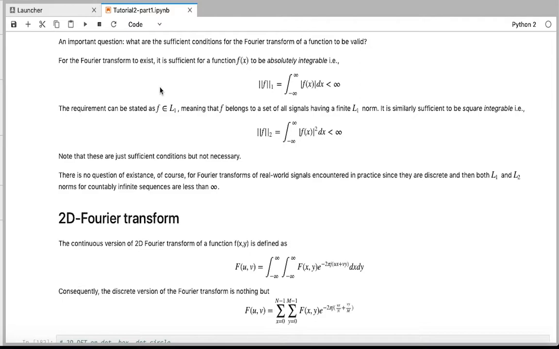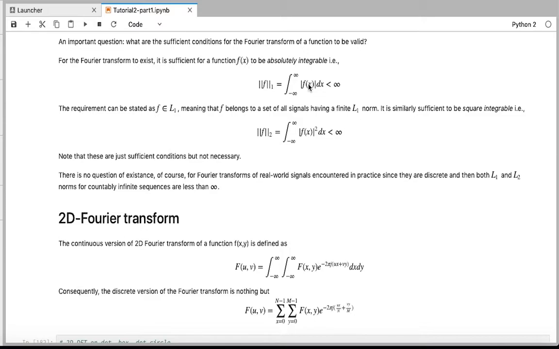But in the continuous case, it's defined only when f of x is absolutely integrable, which means that when you take the L1 norm, the integral of the absolute value of f of x, it should not cross infinity. It should be less than infinity.